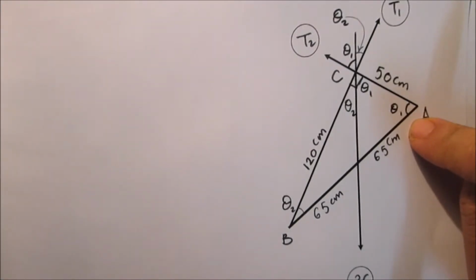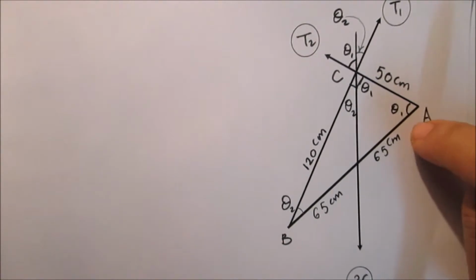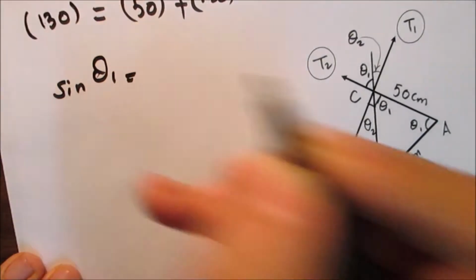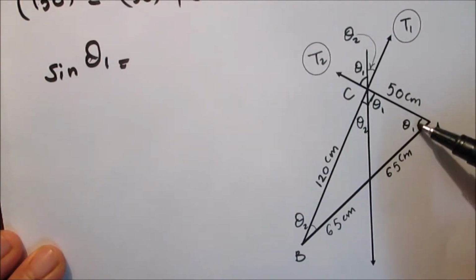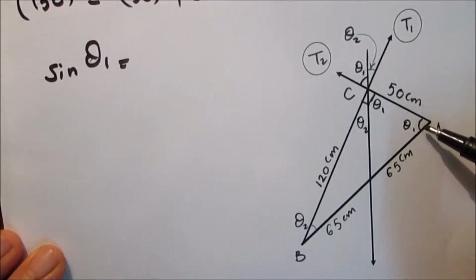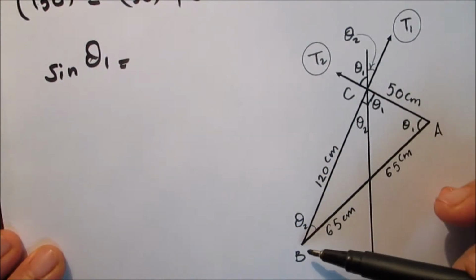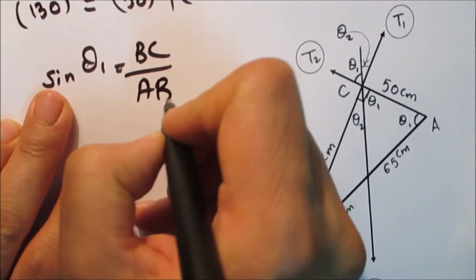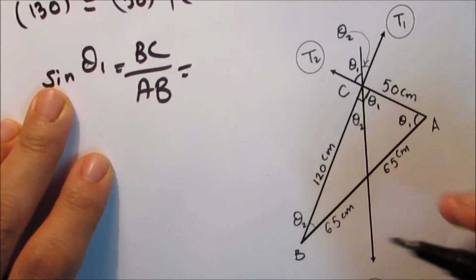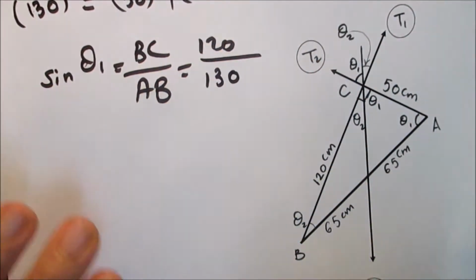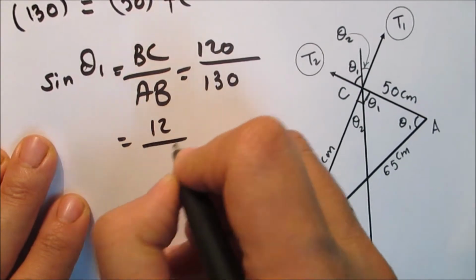From the geometry of the shape, we can easily find sine of angle A, or sine of theta 1. Sine theta 1 equals the opposite of angle A over the hypotenuse. The side opposite to angle A is BC. So sine theta 1 equals BC over the hypotenuse AB, which is 120 over 130, equal to 12 over 13.